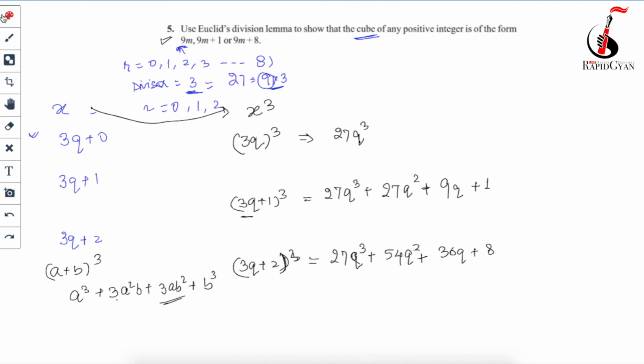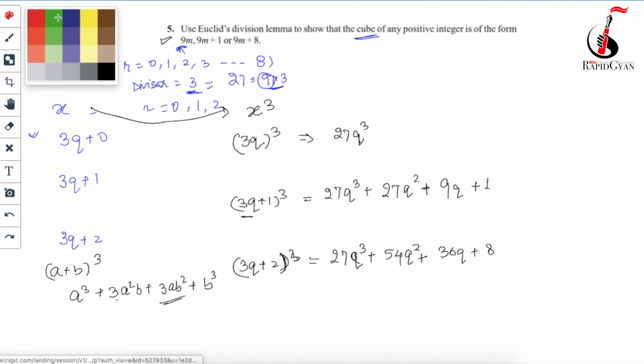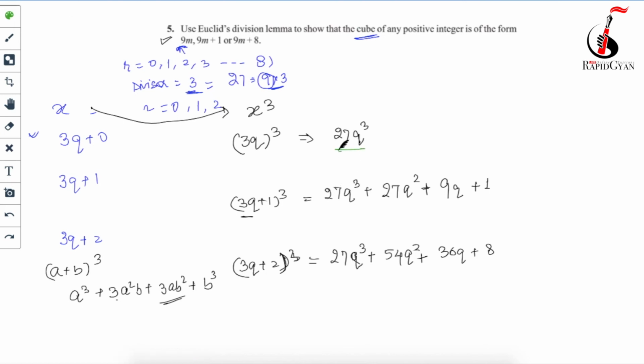So from here you can clearly see that you can write this 27q cube as 9 times 3q cube, correct? From the first 3 terms you can take 9 common.